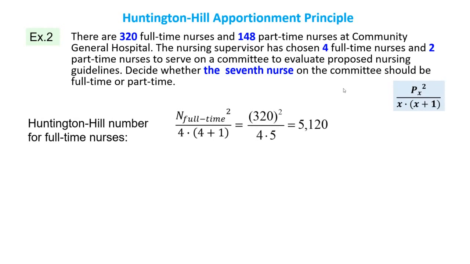First group, full-time nurses: the population squared divided by the present number of representatives and divided by present plus 1, 4 times 5. If you use your hand calculator, there is a possibility to make a mistake. You take 330, you square it, then divide by 4, and then multiply by 5. It's not correct, because if you type divide by 4, multiply by 5, it will multiply the whole fraction by 5.